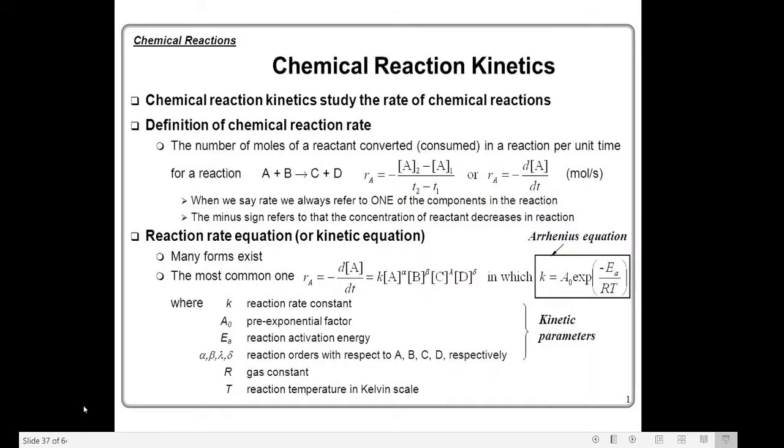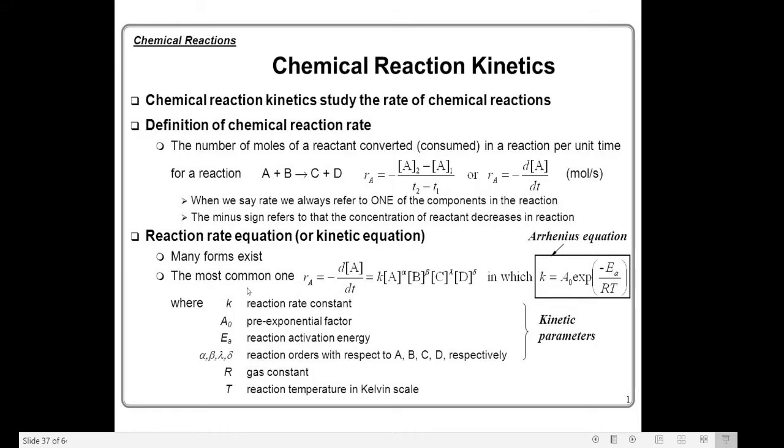Based on chemical reaction kinetics, people in life science study chemical reaction kinetics. Here they mention A plus B forms C plus D. For that reaction, you can develop the kinetic equation like this.